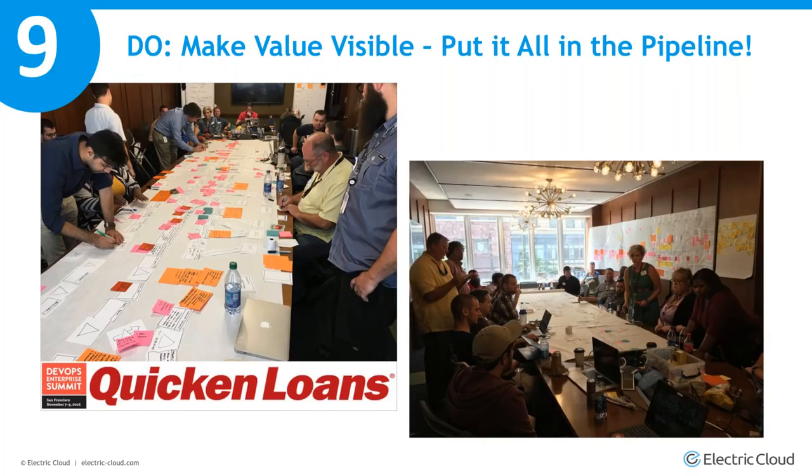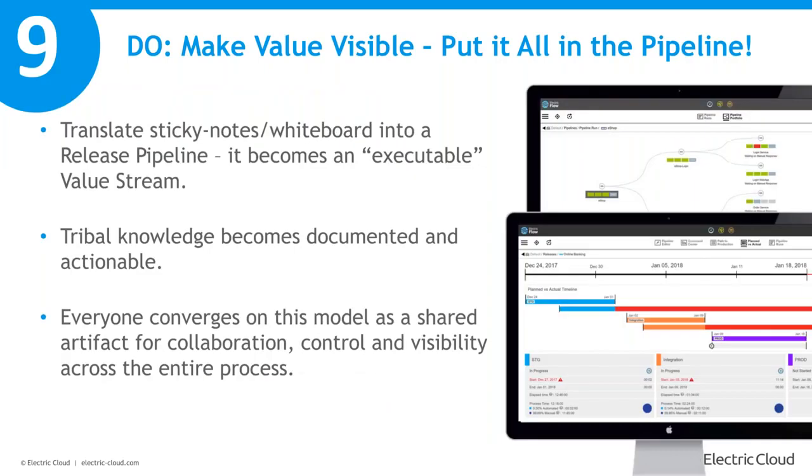And as a corollary to that, move that into your pipelines, right? Translate that into your release pipelines, your software pipelines, and create that executable value stream. This is a way that we can take that tribal knowledge, document it, make it actionable, make it editable, make it tweakable. For me, I'm a very good editor. I'm a crappy blank page writer.